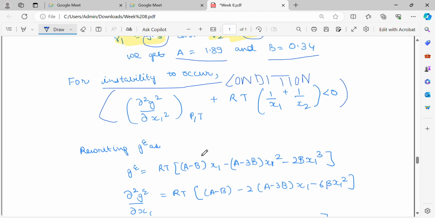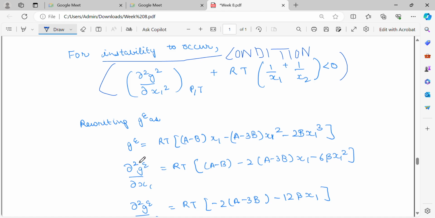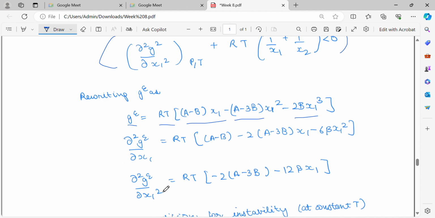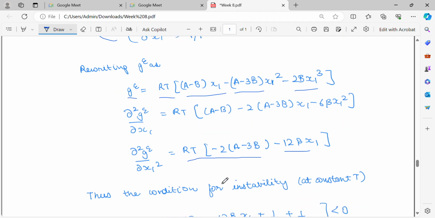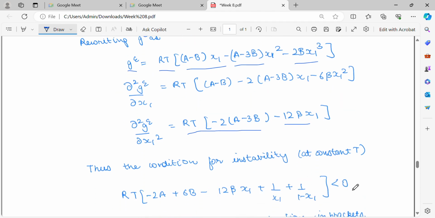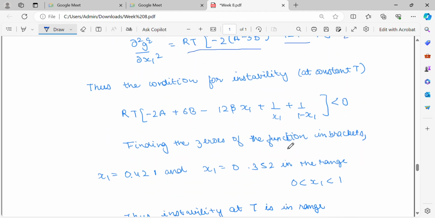Then we solve it with the basic differentiation, which we have to do twice. Thus the condition for instability becomes: you have to just put it less than 0, and find the zero.